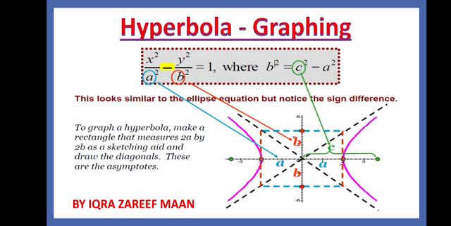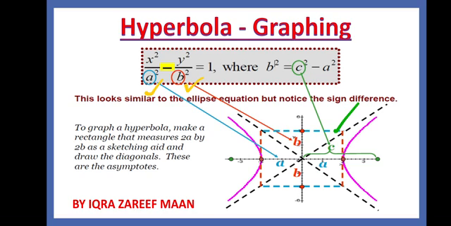How can we graph the hyperbola? Here a gives us the distance from the center to the vertex on the transverse axis, and b gives us the distance from the center to a point on the conjugate axis. By using these 2 points, we can draw a rectangle like this.